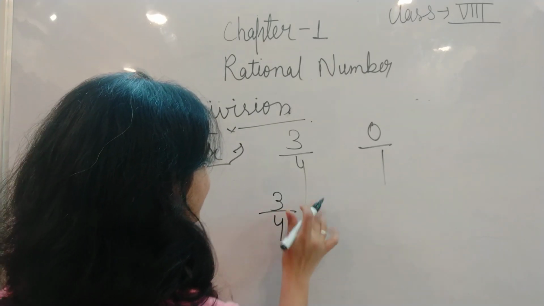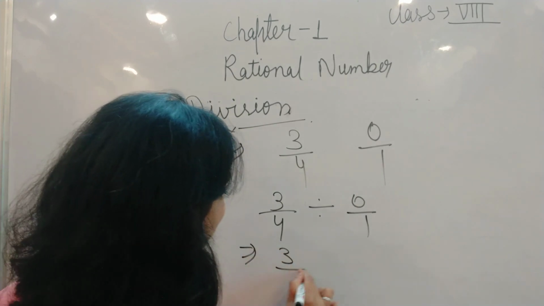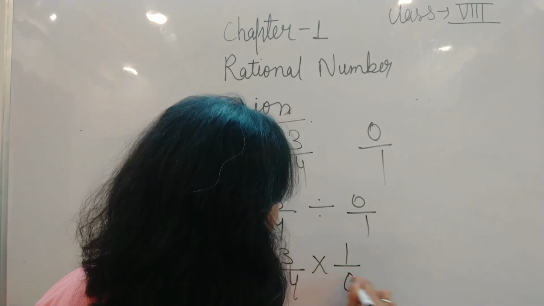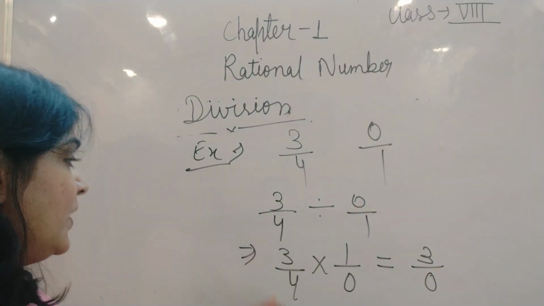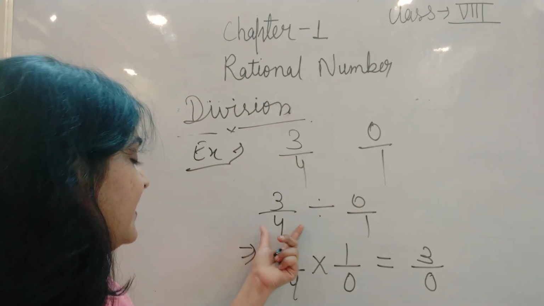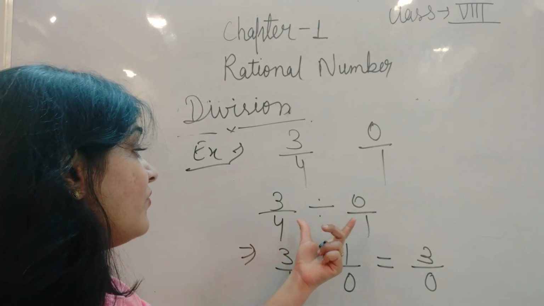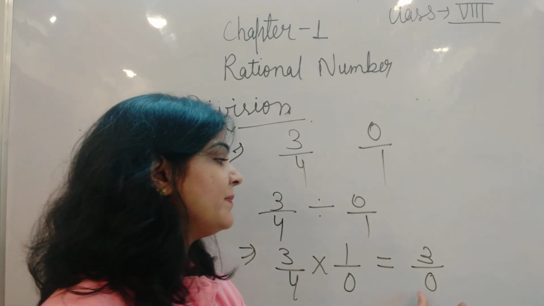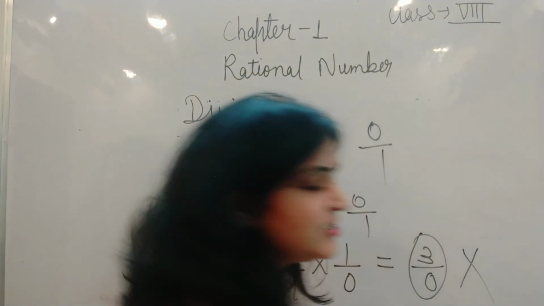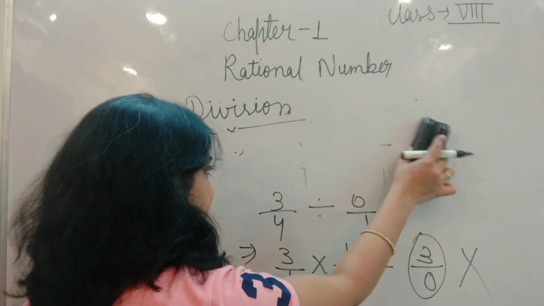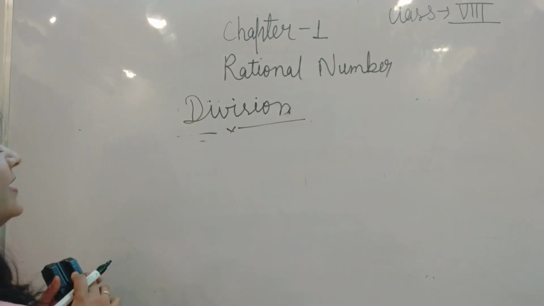If we divide 3 by 4 by 0 by 5, then what will we get? 3 by 0. This is not a rational number. So we say that rational numbers are not closed under division.